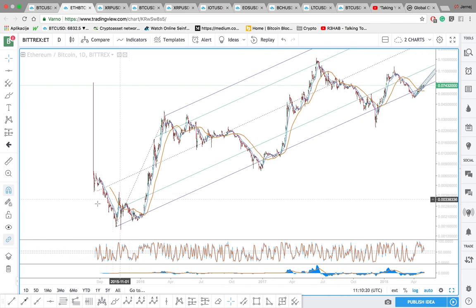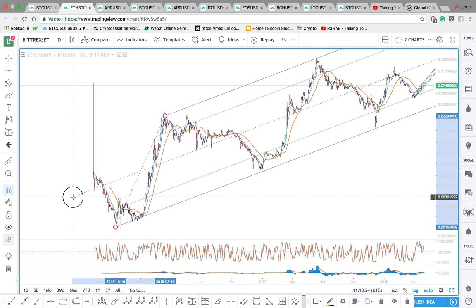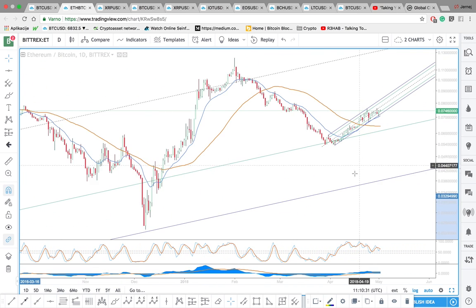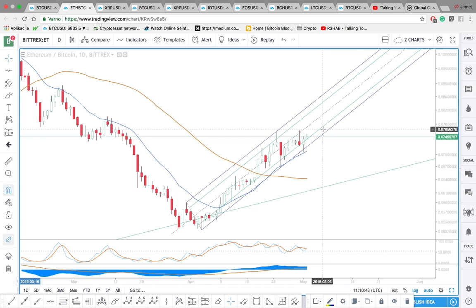So he has this channel, and it makes a lot of sense. This is Ethereum versus Bitcoin on Bittrex, and we bounced here at the start of April out of the 618 area on the retracement, and now we're going higher nicely, and again we are hitting this resistance.